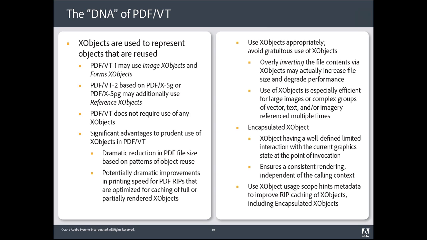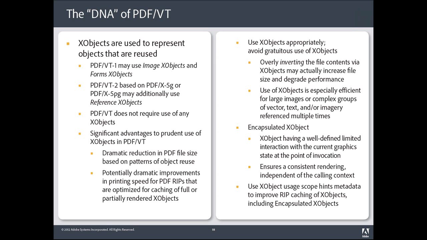Okay, X objects. Okay, well, what about them? Well, PDF VT1 is based on PDF X4, and it's totally self-contained. Okay, that means you could use image X objects and forms X objects. PDF VT2 is based on PDF X5G or X5PG, and can also use reference X objects, in other words, referring to an outside file.